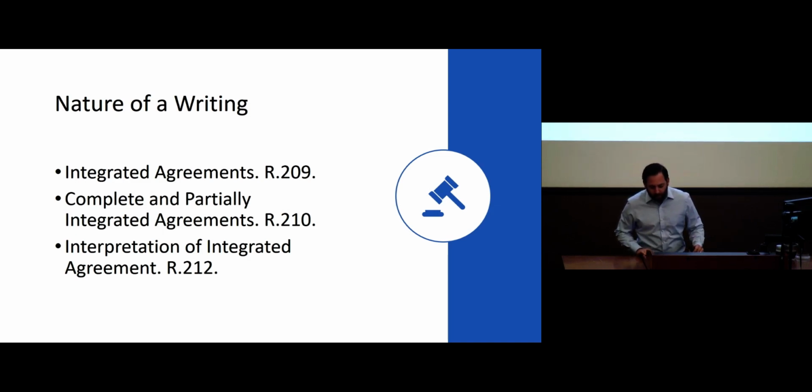Or that it is totally integrated, meaning it's the complete and exclusive statement of the parties as pertaining to this subject matter. And so defining the contract as integrated, and under that either partially or totally integrated, is the first step in knowing how the parole evidence rule will impact the admission of extrinsic evidence.